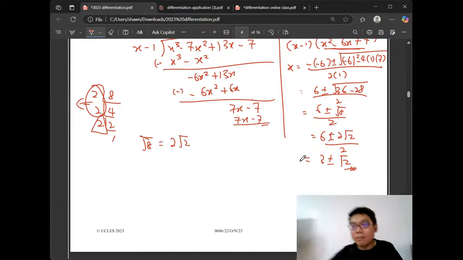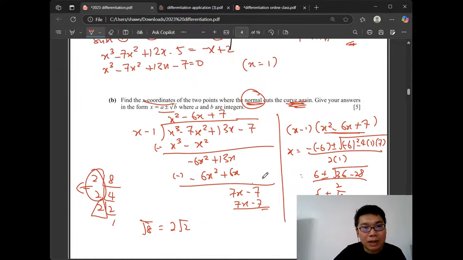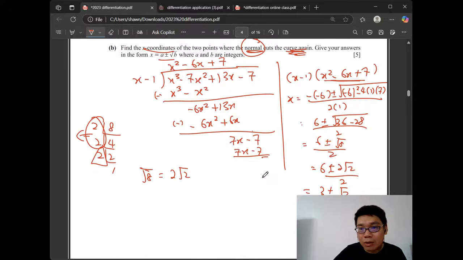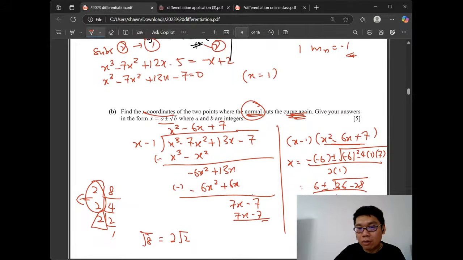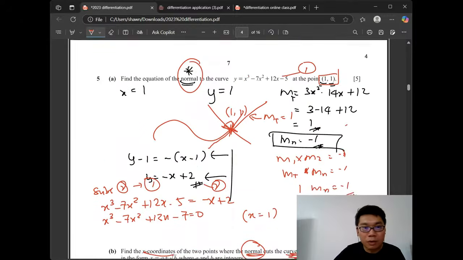Okay. The question about area of triangle. Because the intersection point is not a whole number, it's a bit hard to use this question.